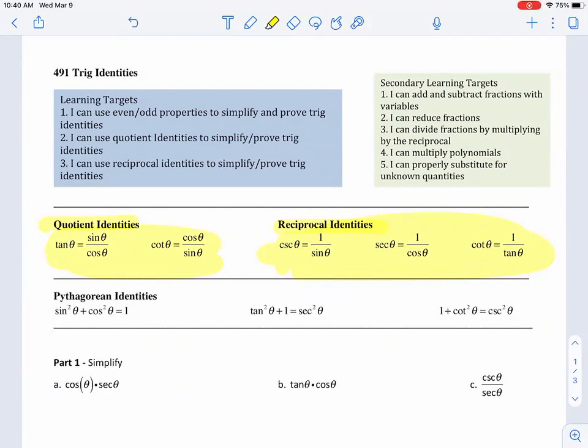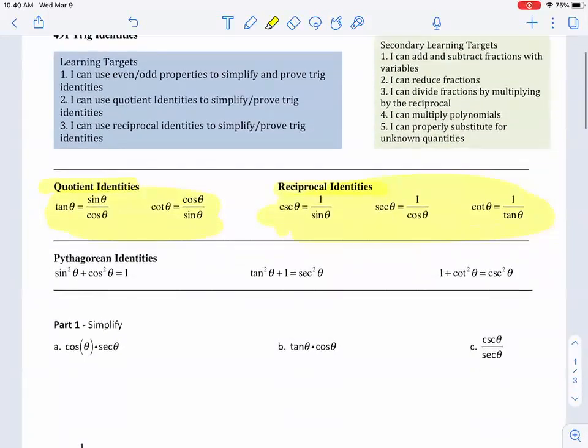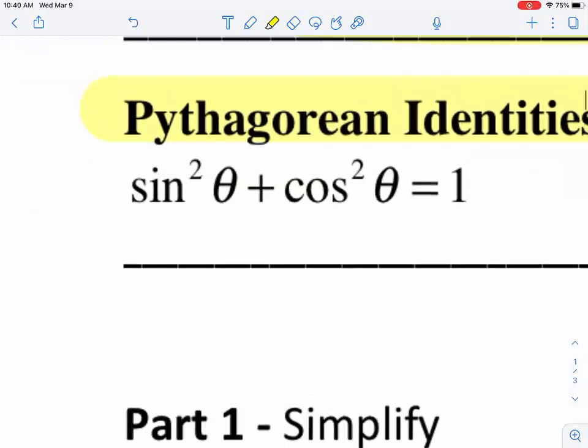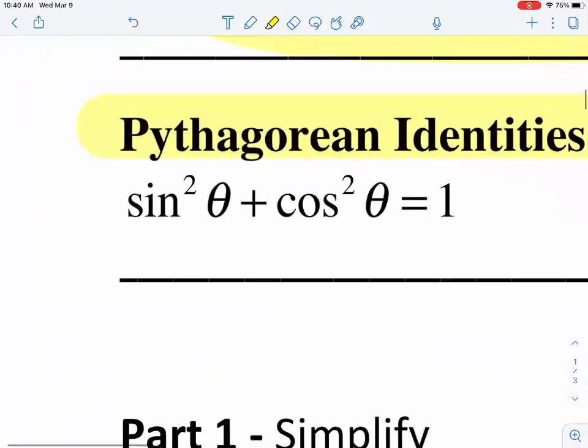In the next line, there are three what are called Pythagorean identities. You don't need to memorize all three of them. But I will say, this one right here is the greatest identity of them all. You should highlight that. You should star it.